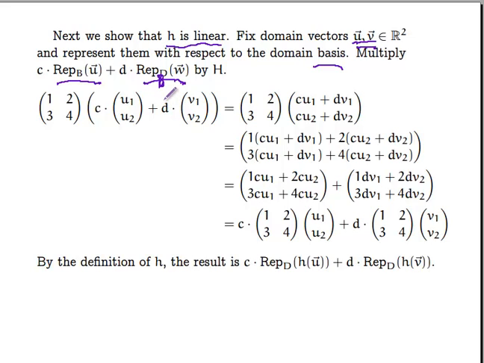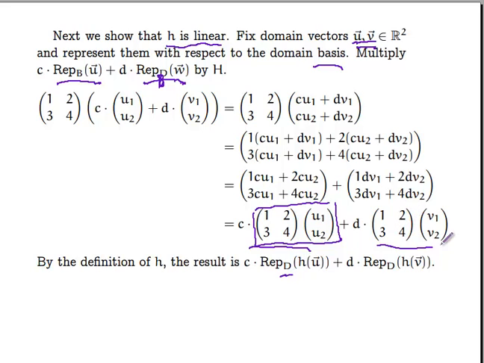By the linearity of matrix multiplication, we can break this up into its two separate factors. You can follow the algebra step by step if you like. Now this here is equal to the representation of H of U in the D basis.